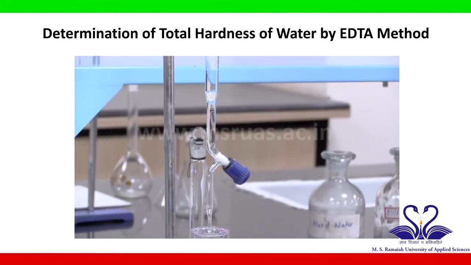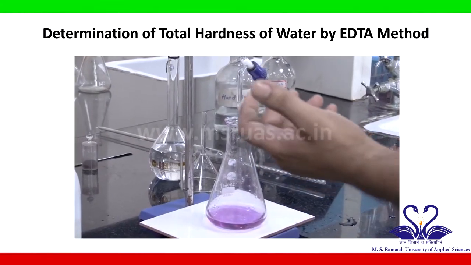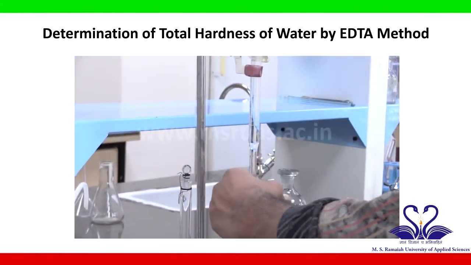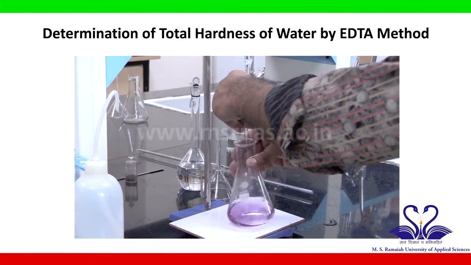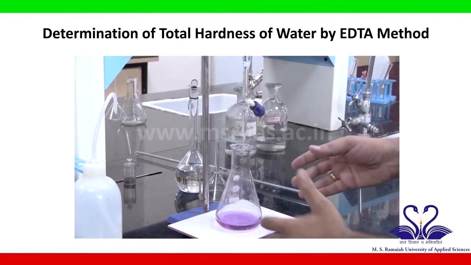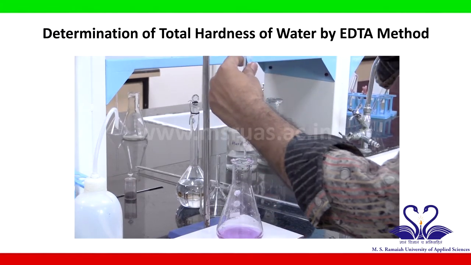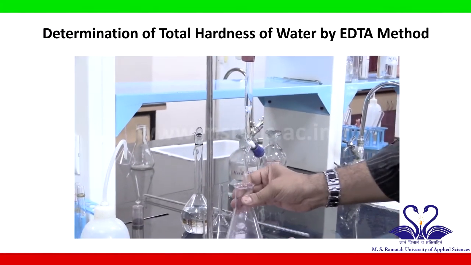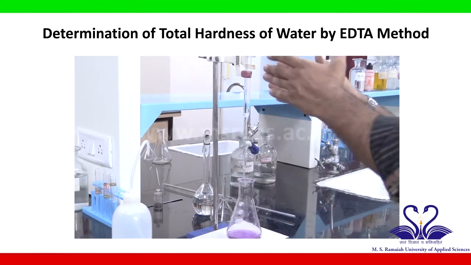Fix your burette. If you are a left-hander, you can hold the burette using the left hand, and the right hand you can use for holding the conical flask and swirling it. The height should be a little bit more, so that you can freely lift and rotate and remove it out easily. So you have to adjust in that way.